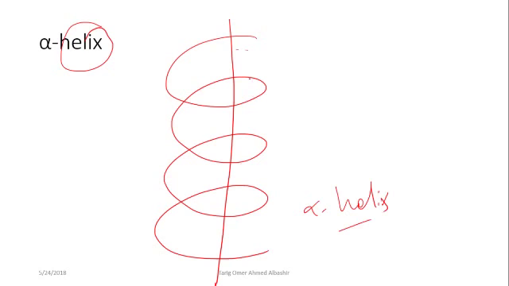So what can make this structure stable? We will see later that we have hydrogen bonding between these amino acids that can stabilize the structure of the secondary alpha helix.